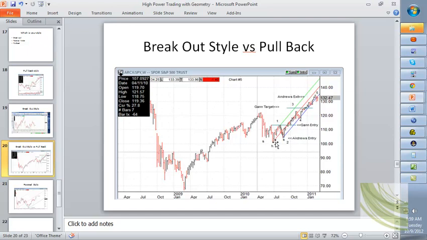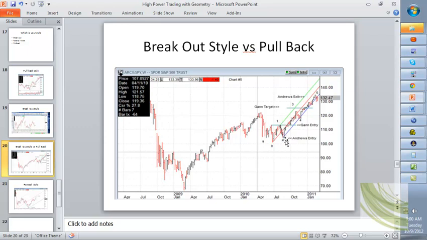So you can see this is kind of like somebody's shoulder, and here's another shoulder, and here's a head. And the theory under Gann is simply that after prices break through what's considered the neckline, they'll then go up to this area up in here or beyond. Okay, and that's cool.